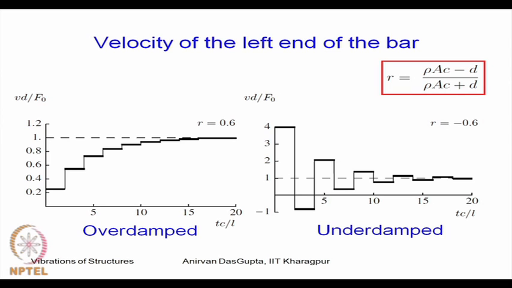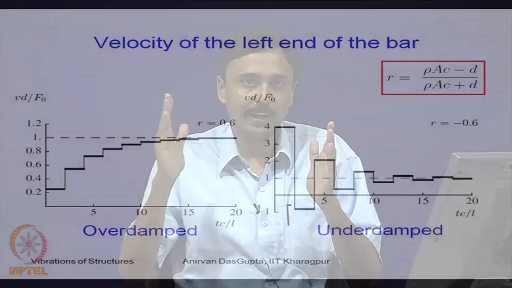Since d is less, the disturbance that goes to the right boundary and hits this damper is absorbed, whereas if the damping is more than the impedance of the semi infinite bar, there is a reflection, and this reflection is more than what the initial disturbance was. So, there is some oscillation before the bar settles down.